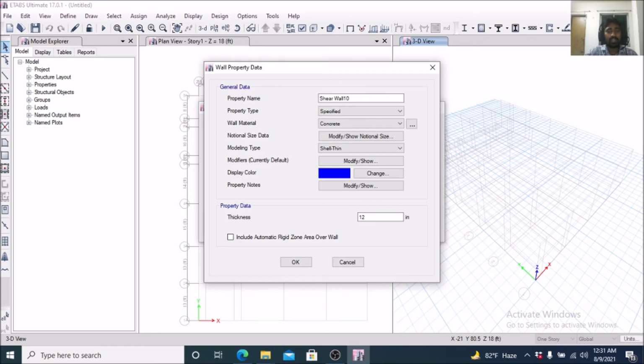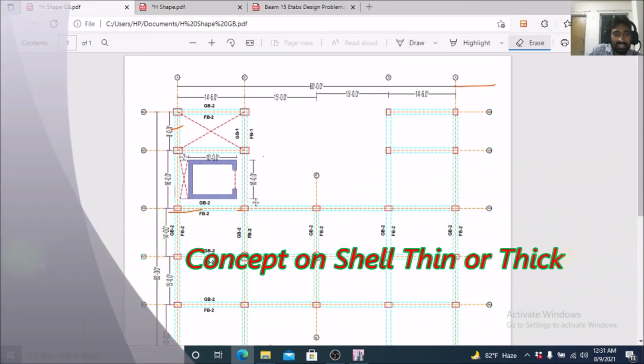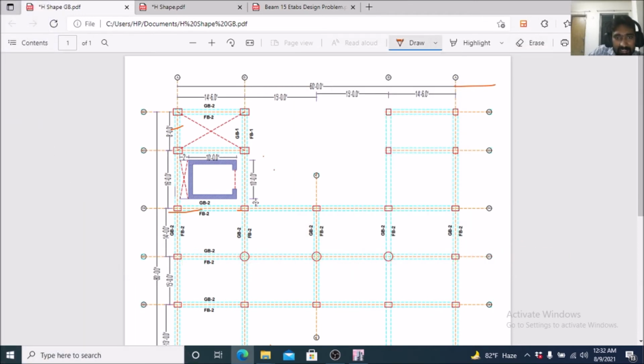Shell thin or thick, we have to understand some information about this. We have to consider one thing, that is T divided by L. T is the thickness of the shear wall and L is the length or width of the shear wall.